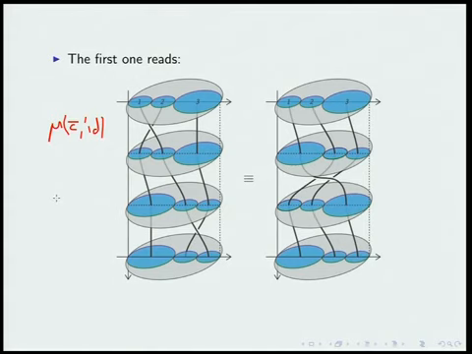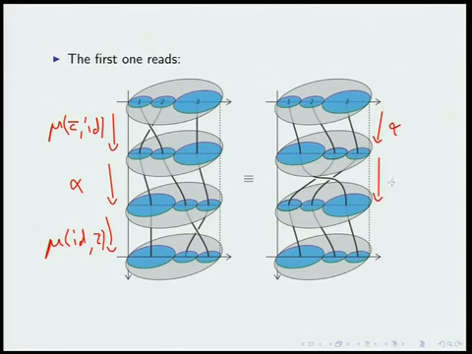And here this is the associativity, and here this is mu of the identity and tau. So I get this composite here, and here I get two associators, tau of mu and the identity, and alpha.